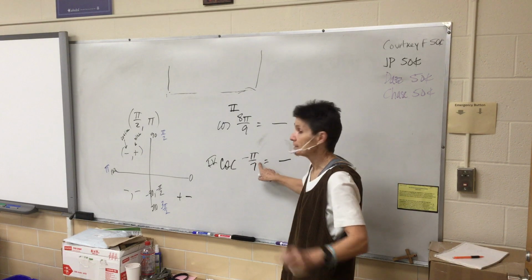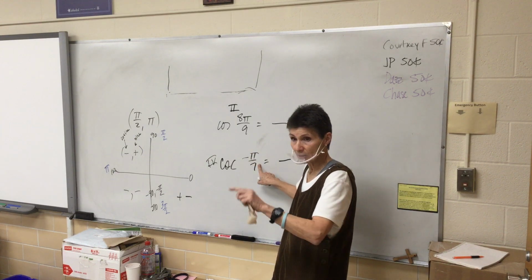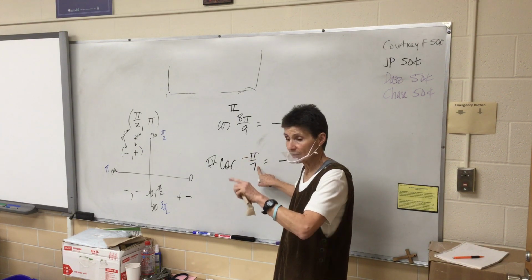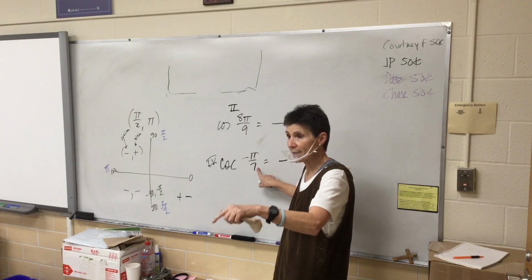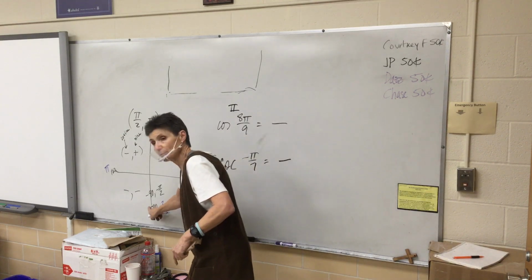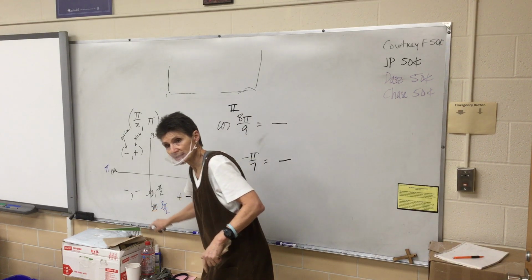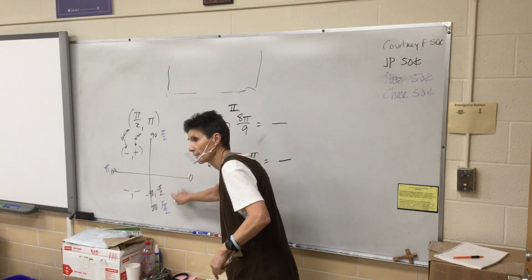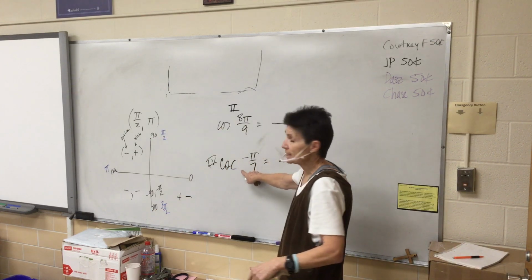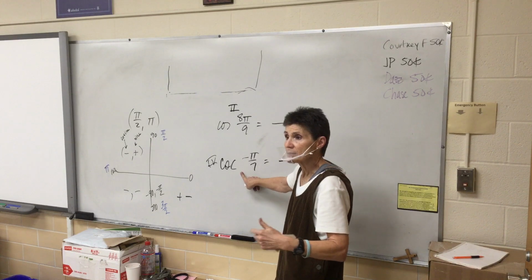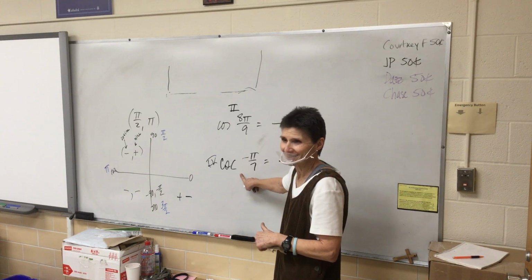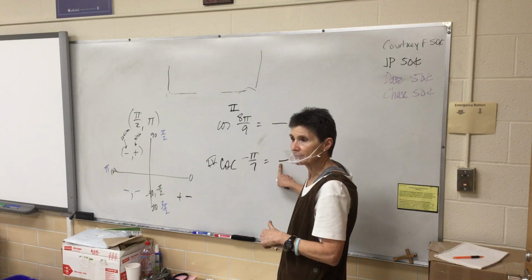So first of all, negative pi over 7 is in quadrant 4. If you go all the way to here, you're negative 1/2. 1/7 is less than 1/2, so it's in here somewhere. Cosecant is the reciprocal of sine. Sine is associated with y. So that's how we got negative.